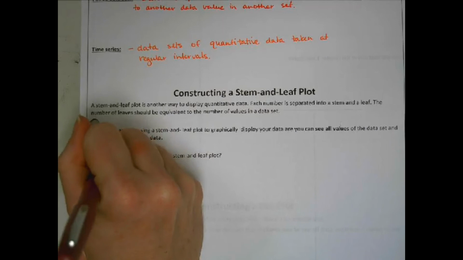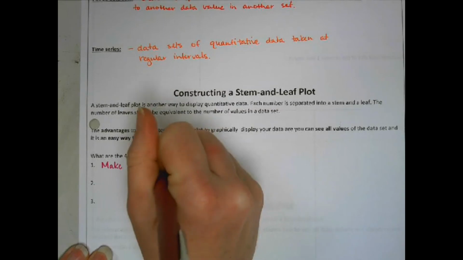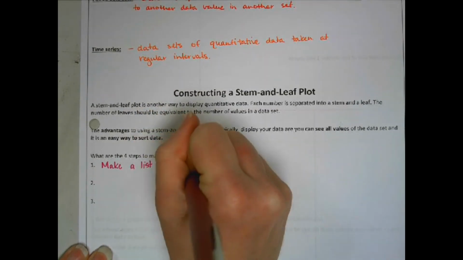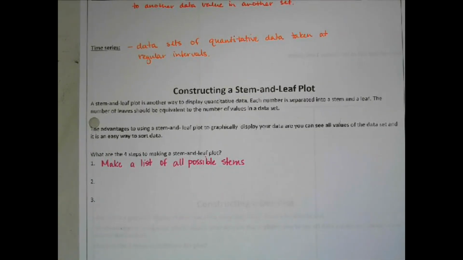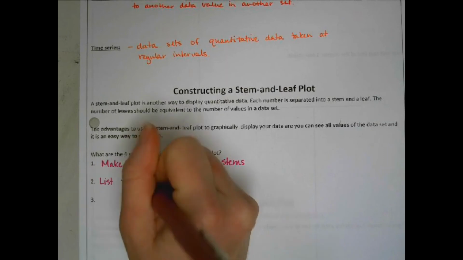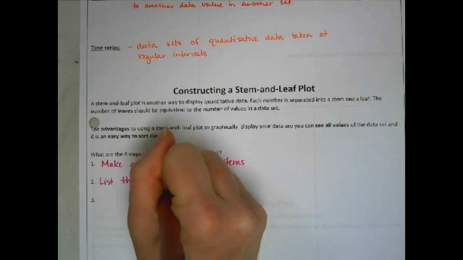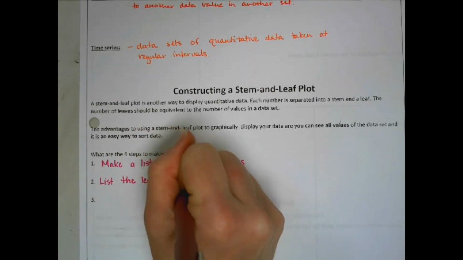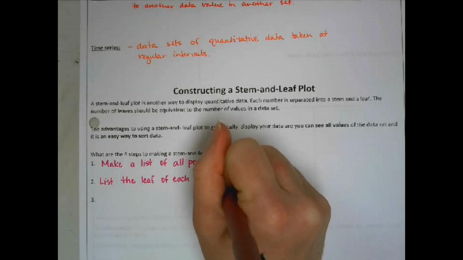So the first thing you're going to do is make a list of all possible stems. Then you're going to list the leaf of each data value to the right of the stem.